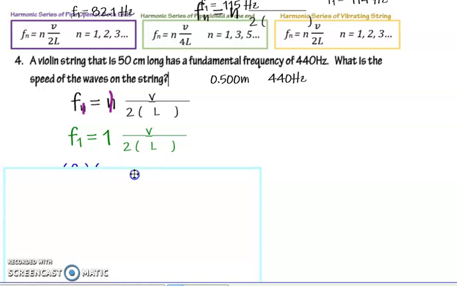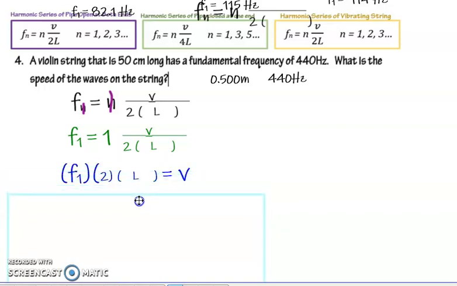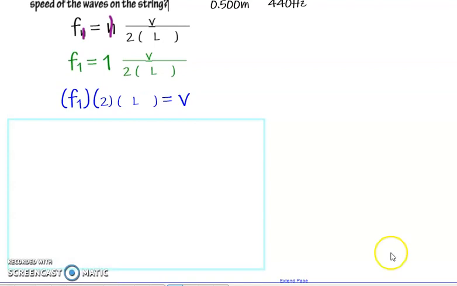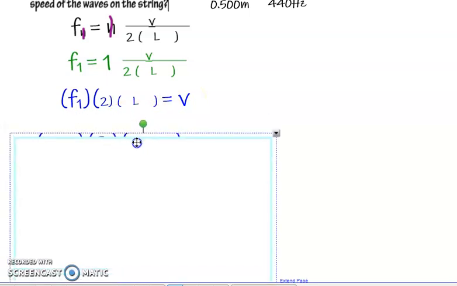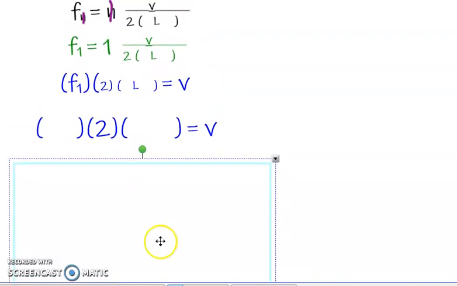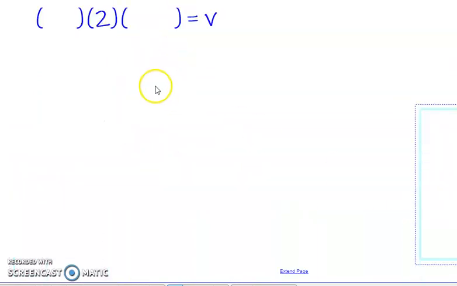I put it all together there, with the ones in there, and now I'm going to manipulate it. F sub 1, or just the frequency, times 2 and then times the length, equals the velocity of that string. I left that open because I'm going to insert those variables.